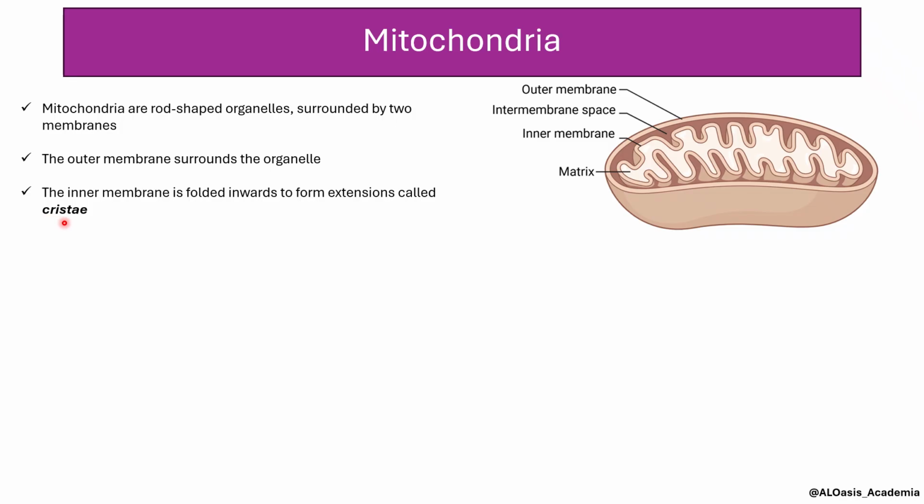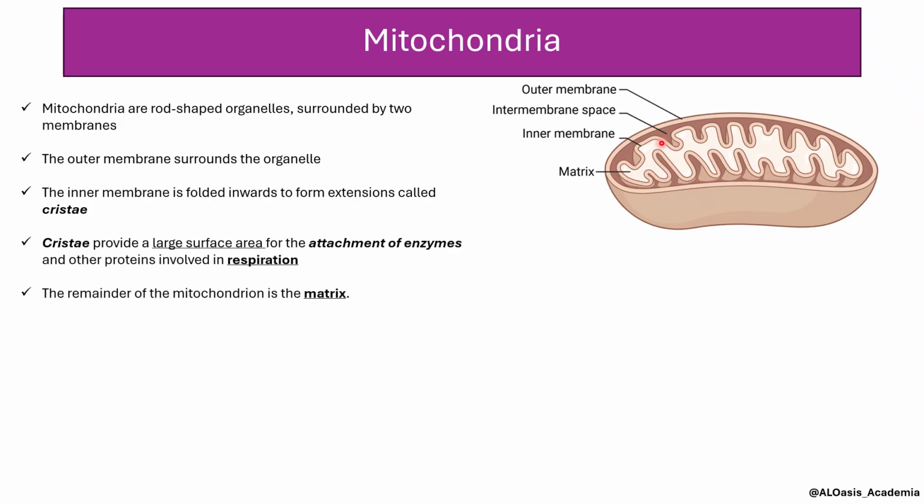Cisternae is what we covered in the Golgi apparatus and the endoplasmic reticulum, those flattened sacs and folds. However, in the mitochondria, we refer to the cristae. Cristae, as we said, is the inner membrane being folded inwards to form these extensions.